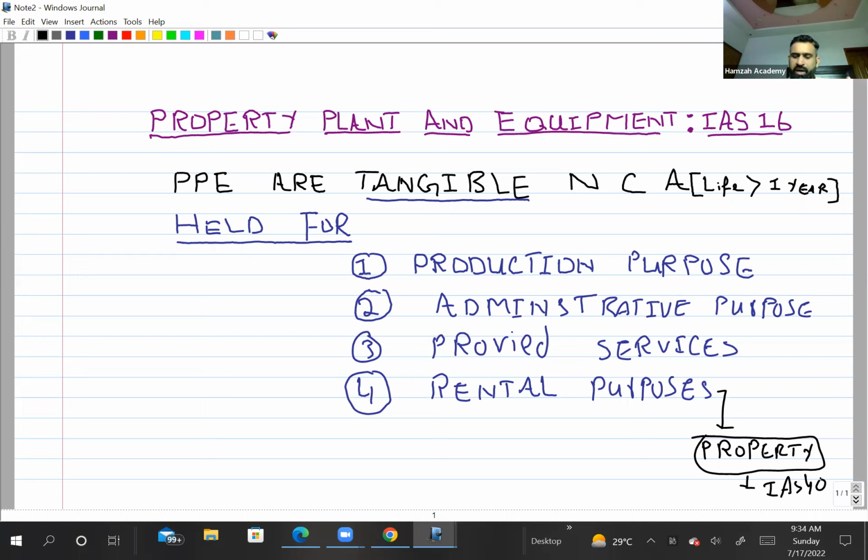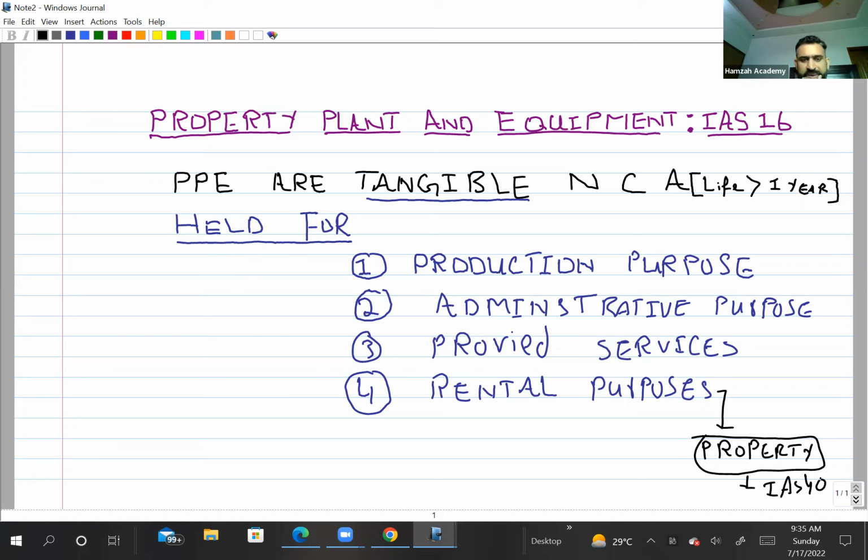So if we have property, plant and equipment which are held for production purposes, like a manufacturing plant, a factory building, or land for a factory, or for administrative purposes like a head office, or to provide services like a hospital building, restaurant building, or hotels, or for rental purposes other than property, such tangible non-current assets will be known as property, plant and equipment, and they will be accounted for under IAS 16.